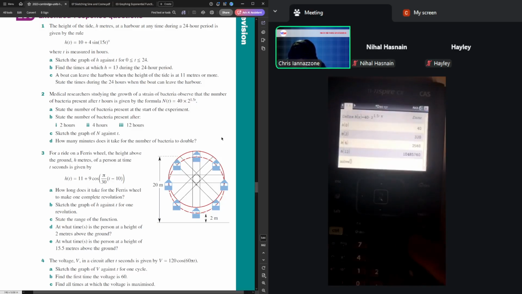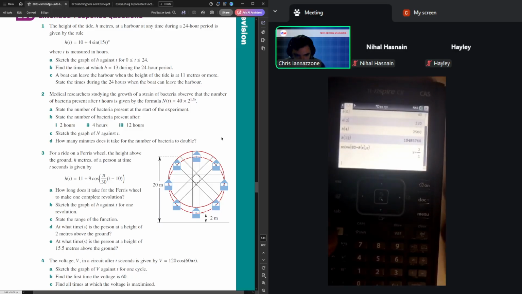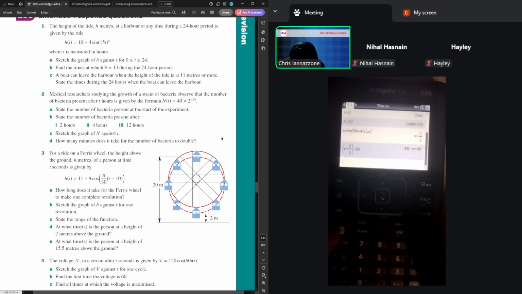I know I'm starting at 40, double of that is 80, so if I just solve what time value gets me 80, awesome, 2/3. This is 2/3 of an hour, so to convert that to minutes properly this time, you've now got 40 minutes there.